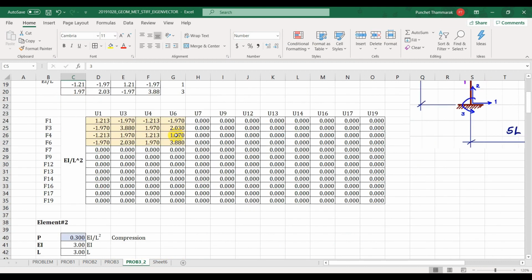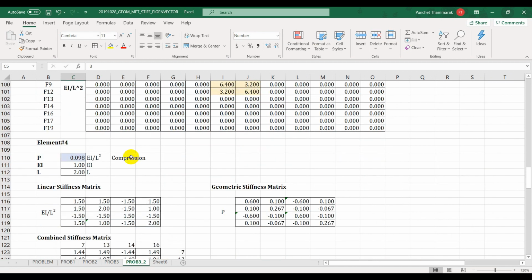0.3. And number 4 is also 0.3 multiplied by 1/8, right?